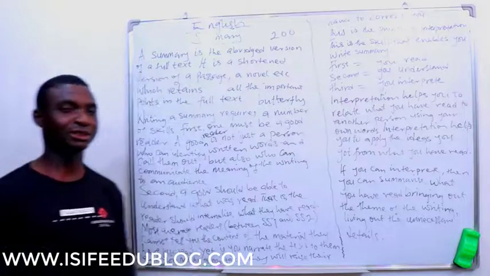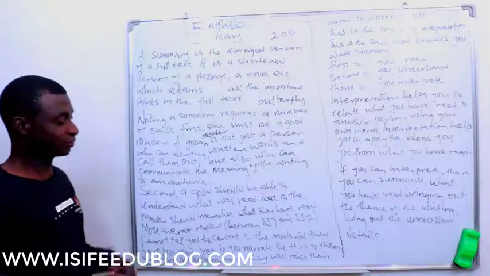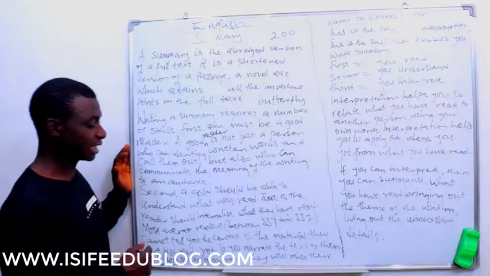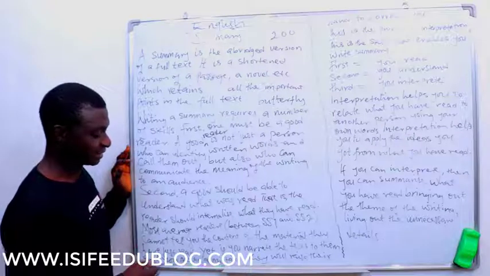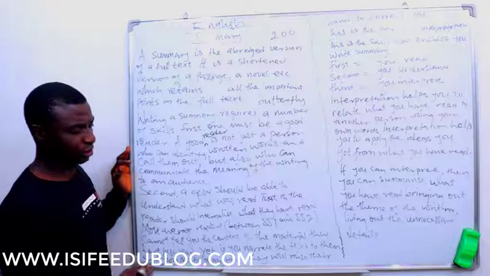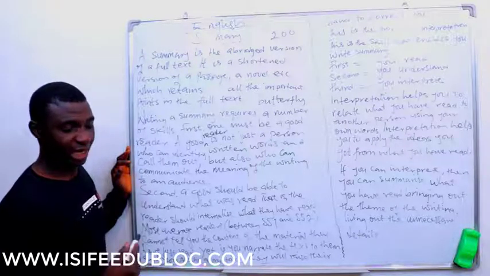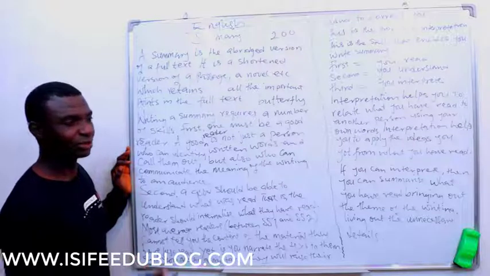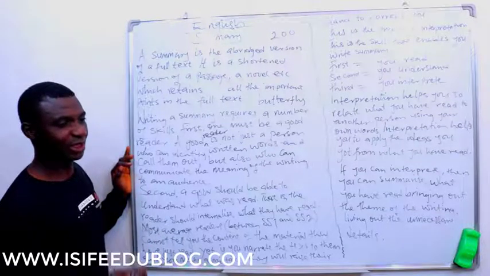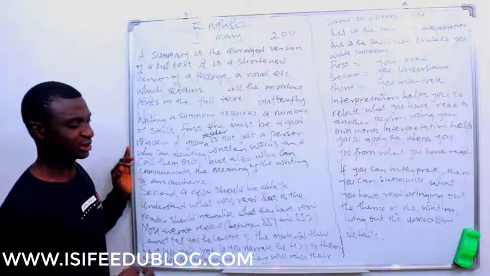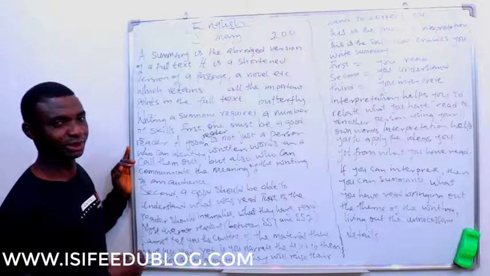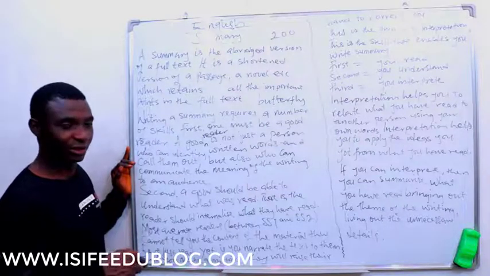You have to get to that level where after reading, somebody asks you, okay, so can you summarize what you have read? And you quickly pick up the points and relate to this person because you have understood it.